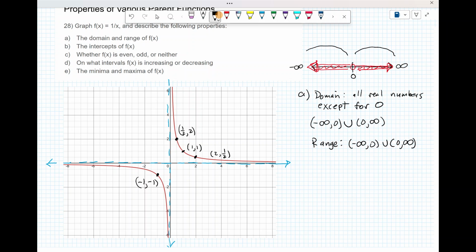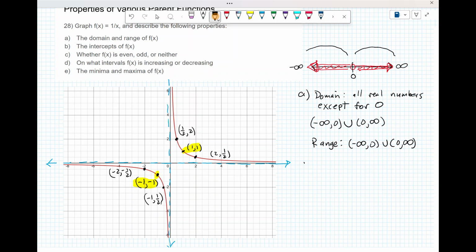Similarly, we would have this point right here, -2 comma -1/2, and -1/2 comma -2. I think really the important ones are these two. If you can just remember those, I would say those would be the most important ones to memorize.